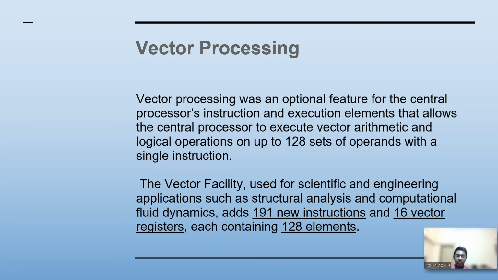These registers will store the data and send it to the processor and get it back after processing, or send it to the same register, or to different registers for implementing different processes. So vector processing was implemented in 360 and 370.